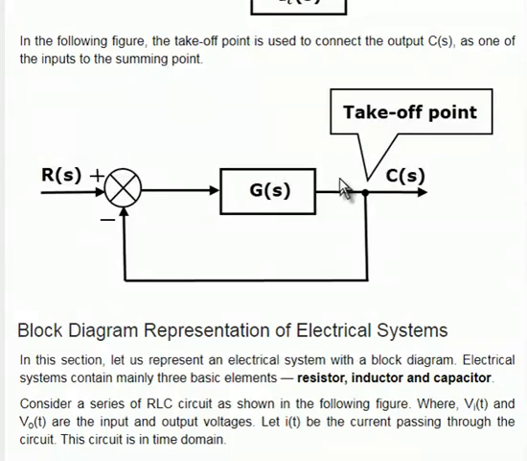So the takeoff point is used to get input to this summing point. You can use this takeoff point and summing point together. This takeoff point is used to connect the summing point.